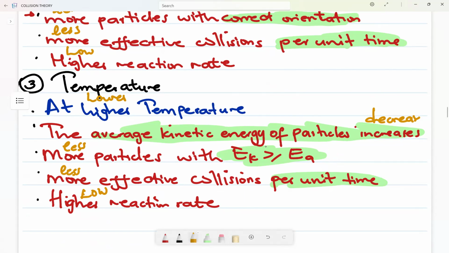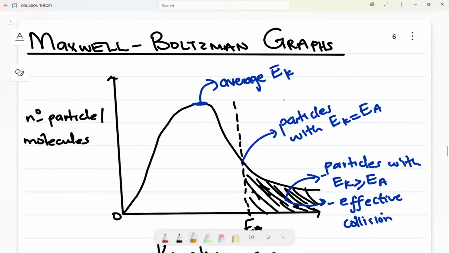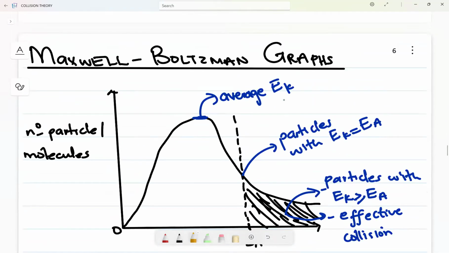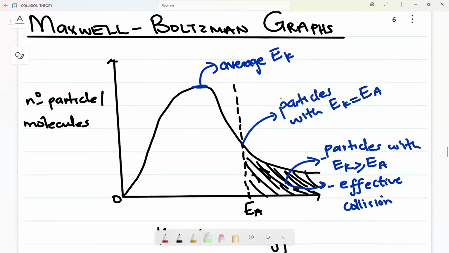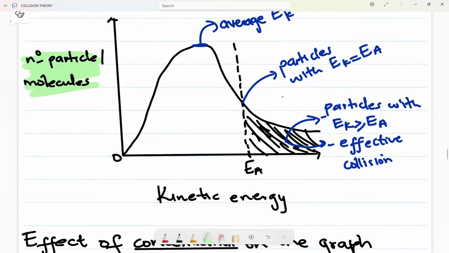The last part we have to deal with now is the Maxwell-Boltzmann graph. It is a graph of number of particles or number of molecules, depending on what the examiner gives you, against the kinetic energy.